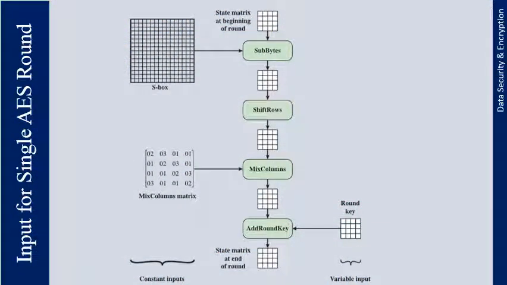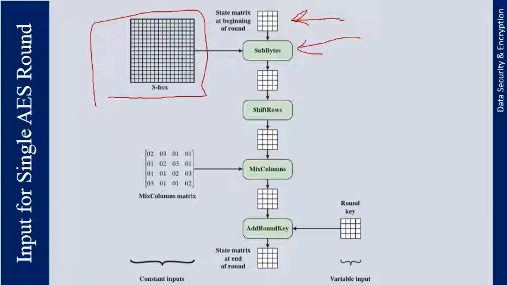This figure is another view of a single round of the Advanced Encryption Standard, emphasizing the mechanism and inputs of each transformation. As you can see, in one round we have the initial state matrix at the beginning of each round. The first step is substitution of bytes, which is done by the S-box transformation, and we have seen how to create a substitution box.